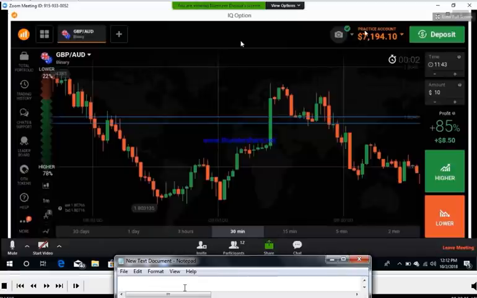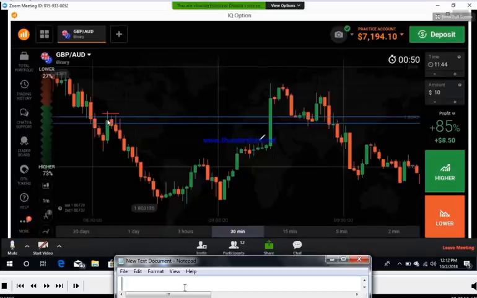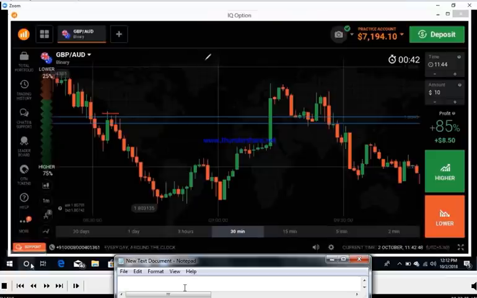Which one? This one, yeah bro. What if this green candle closed at the resistance line? Does it make any difference? Can you draw here? You have an option. Where is that option? You have the annotation option.